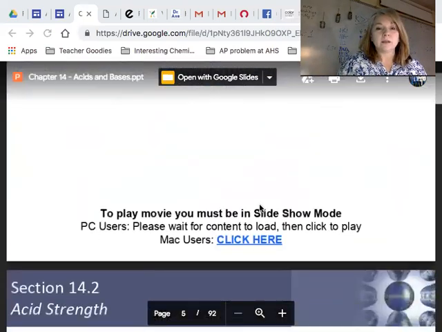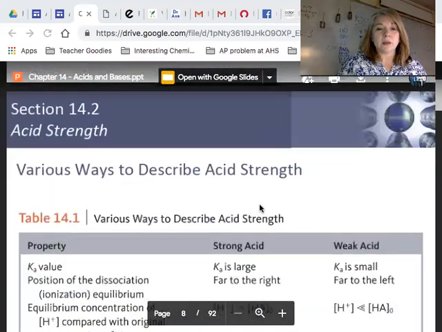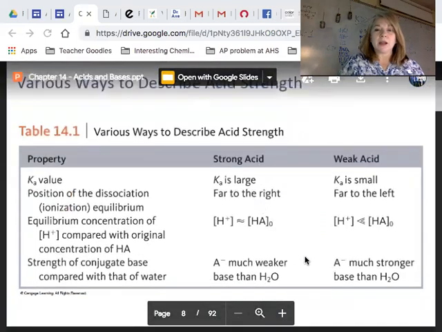All right, let's go on and talk about different ways to talk about acid strength. This is a good little chart just to make sure you have the difference in your head. A strong acid, I think we already wrote that down, is going to have a huge Ka value. So its dissociation is going to lie to the products. Basically, you don't have any reactants left.